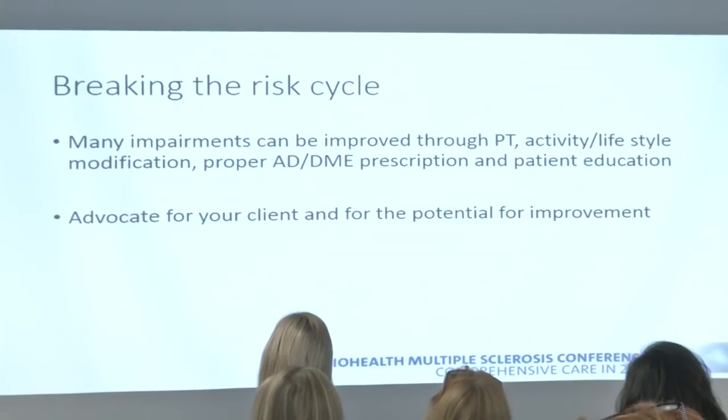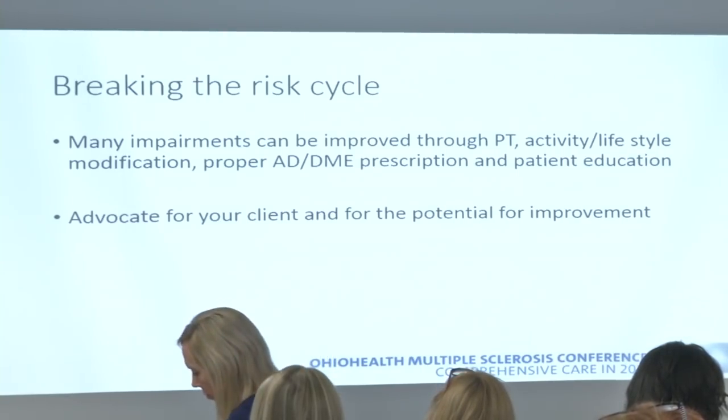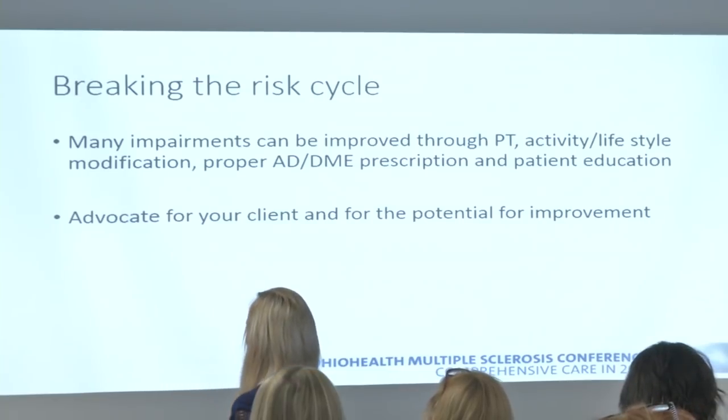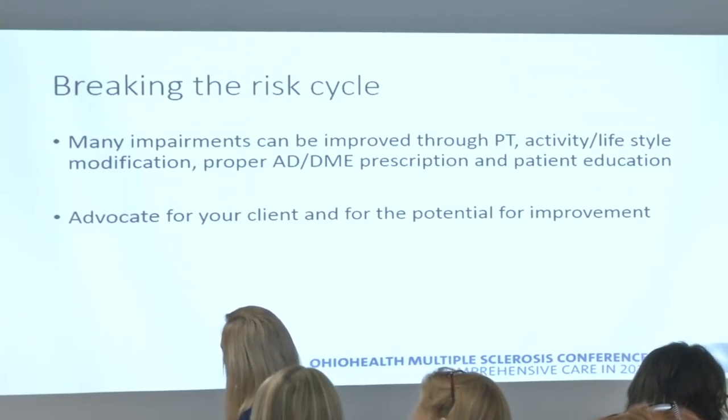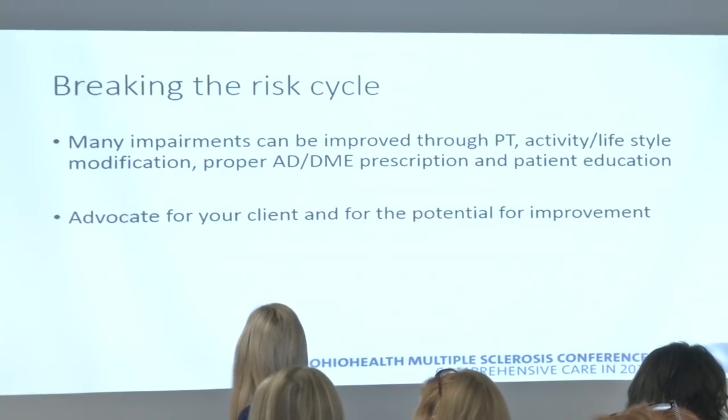As therapists, it's our role to really see, can we break or reverse this cycle? If we address gait dysfunction through proper assessment, treatment, and recommendations, we can really optimize mobility, decrease secondary deconditioning, avoid secondary weakness, and improve an individual's overall fatigue and quality of life.